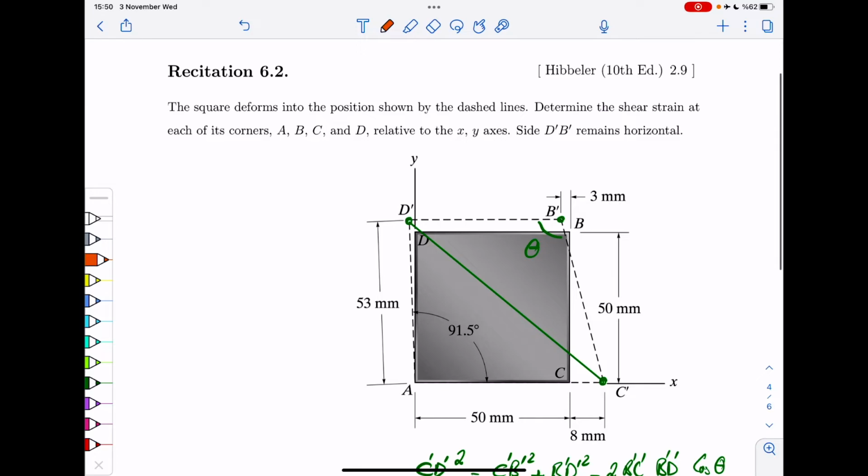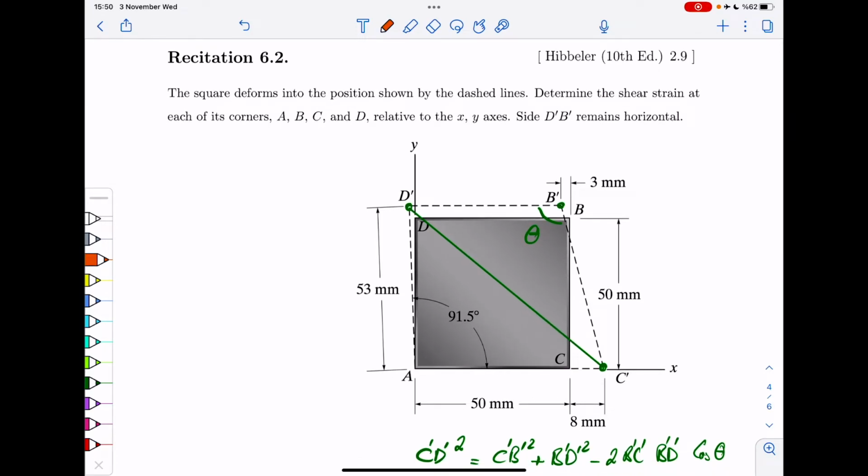Okay, so the first thing we want to do is to compute that C prime D prime. So C prime D prime squared is a horizontal distance, from here to that thing, and that has three parts.